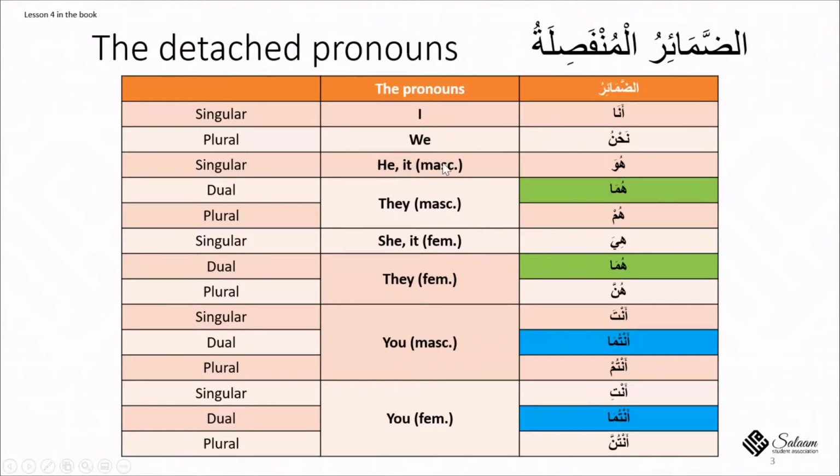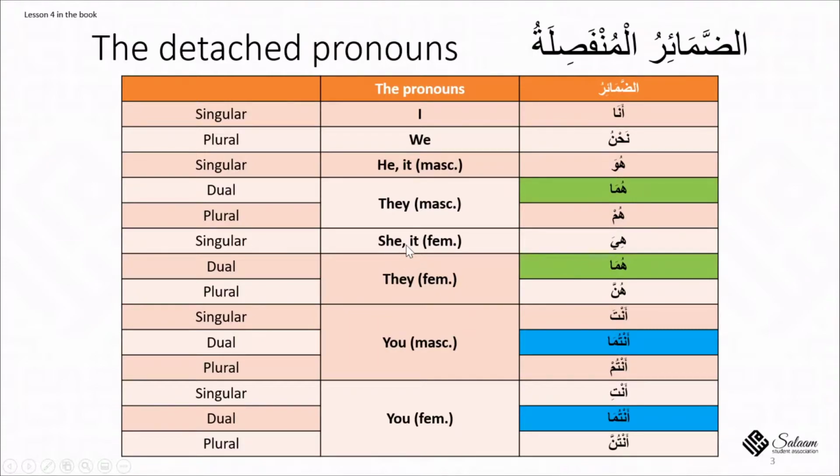He or it, if it's a masculine noun, هو. They, it can be هما or هم. هما for two, هم for more than two, for a masculine noun, or if I'm going to talk about a masculine thing.